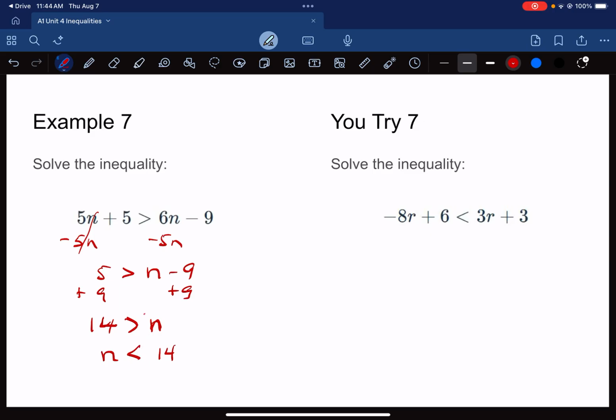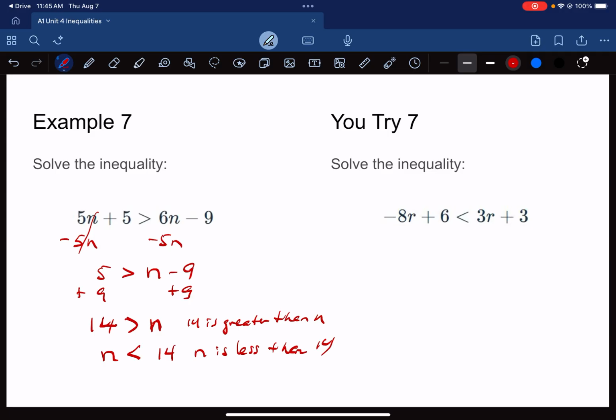So what I've done is I've spun the entire thing around to say instead of 14 is greater than, and now it says n is less than 14. Okay, those really are the same thing. If 14 is greater, then n is less than. Okay?